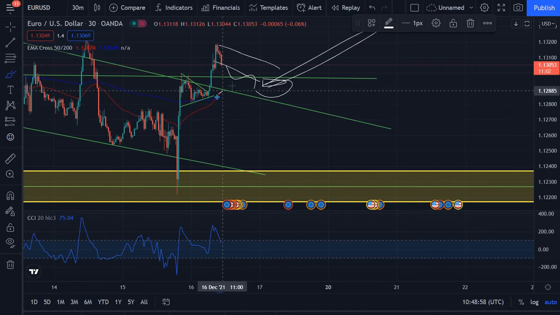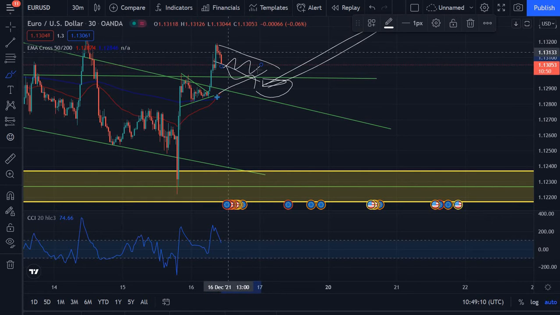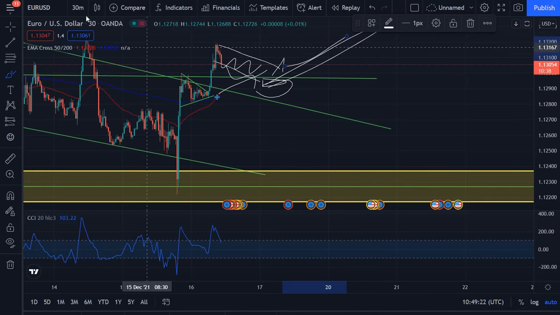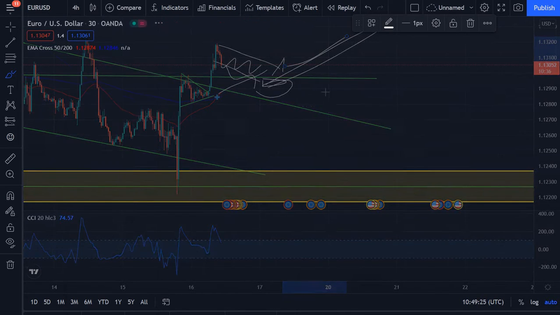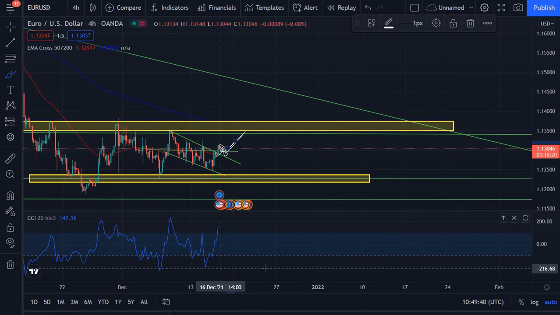It looks like we will now get closer to the 50 EMA, and then if we can see maybe a triangle or this bullish flag, and then a break above it with a bullish candlestick, then I would be a buyer and target the resistance zone on the 4-hour chart, which would give you roughly 400 to 500 pips, and if your stop loss is here, around a 1 to 4 risk reward ratio, something like that.